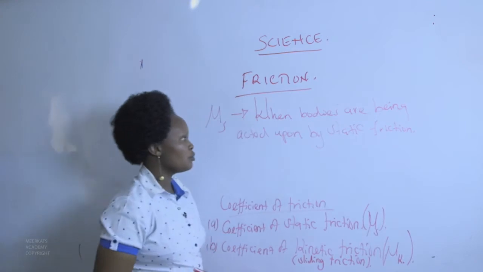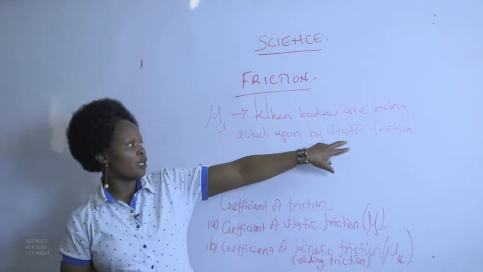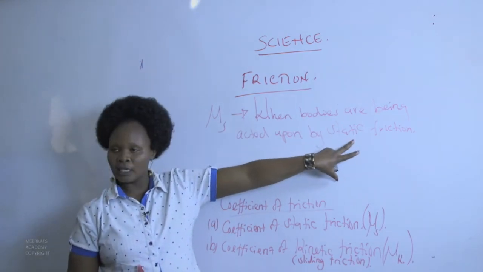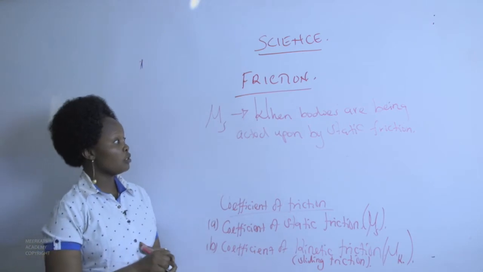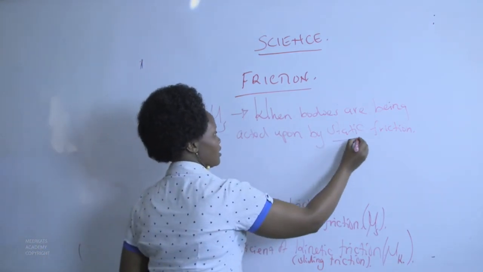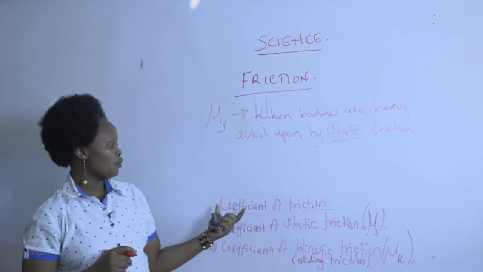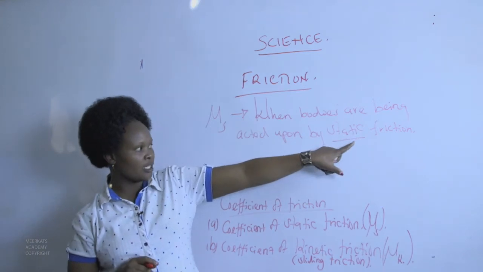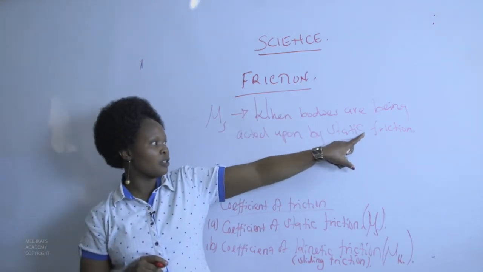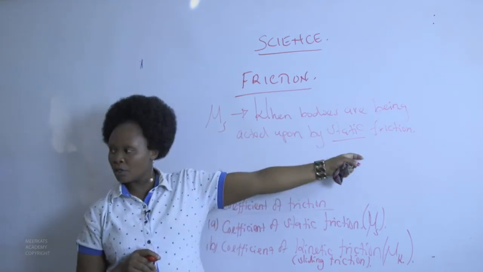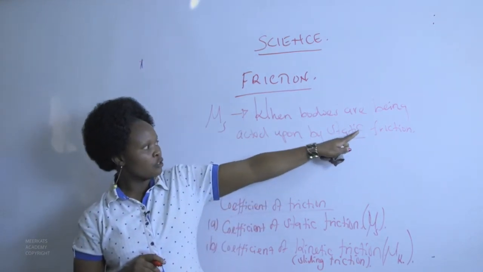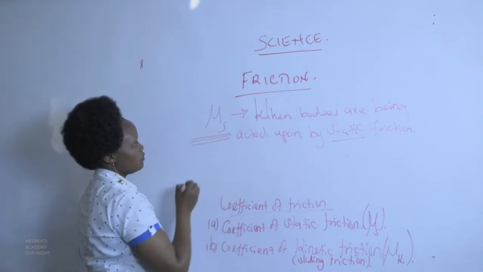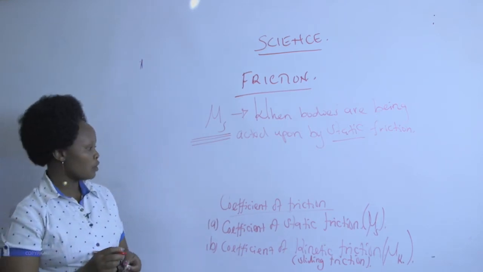On types of friction, we were able to establish that static friction is the friction that is experienced between bodies that are not in motion or bodies at rest. If you want to calculate static friction, that is the friction experienced when you apply a force to a body which is not enough to produce some motion, you will use this particular coefficient, which we are calling the coefficient of static friction.